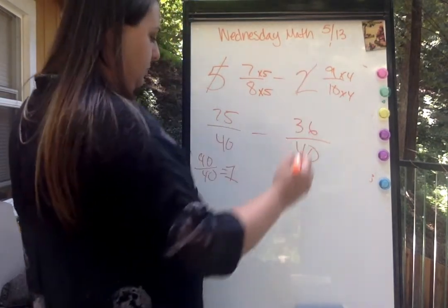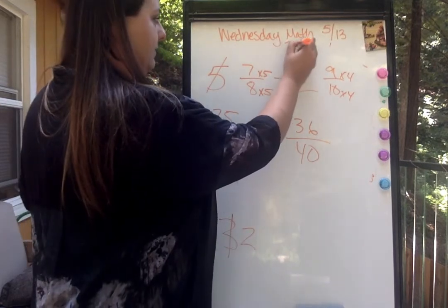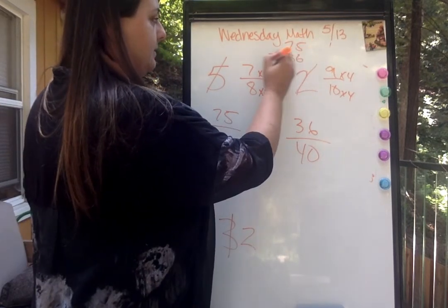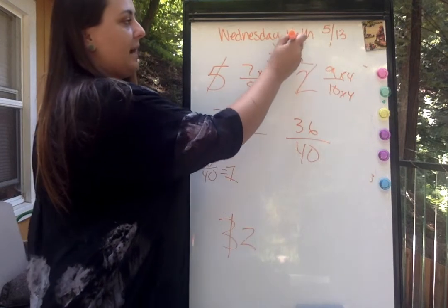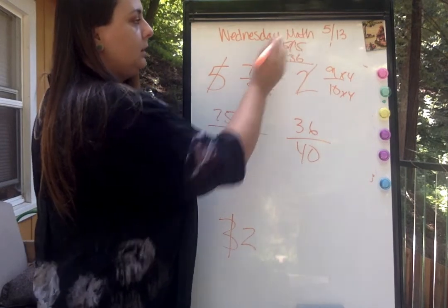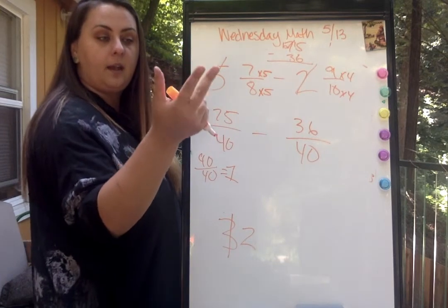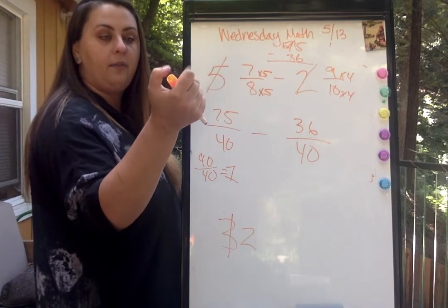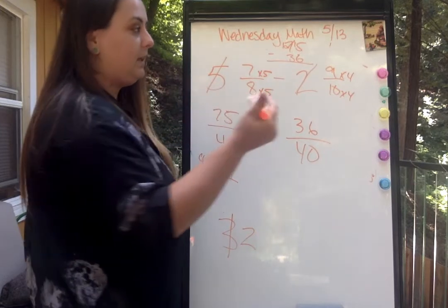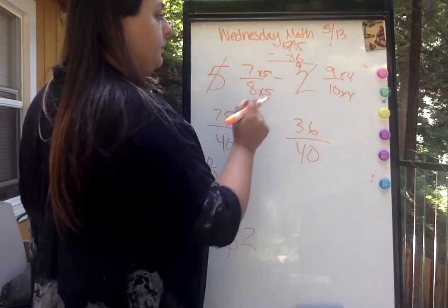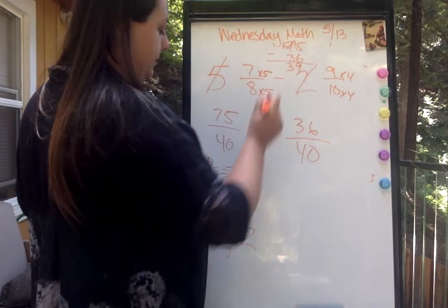So now we just do it up here. 75 minus 36. You can't take 6 from 5, so you need to regroup from here. 15 minus 6 goes 6, 7, 8, 9, 10, 11, 12, 13, 14, 15. 9. And 6 minus 3 is 3.